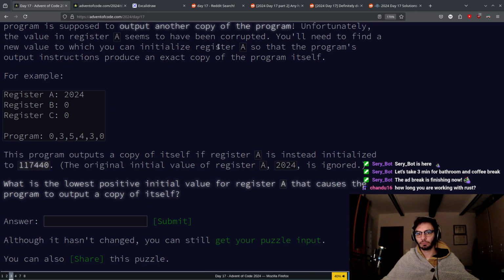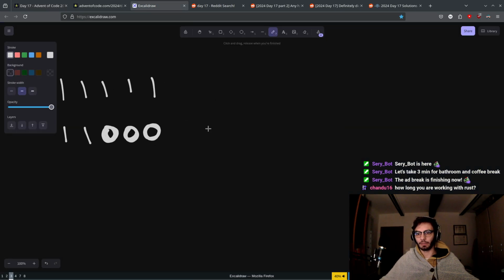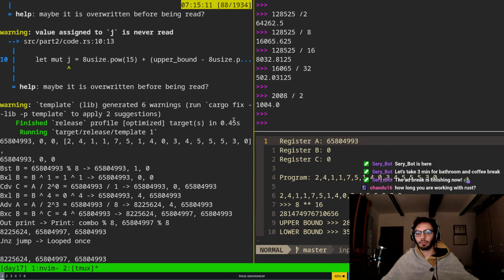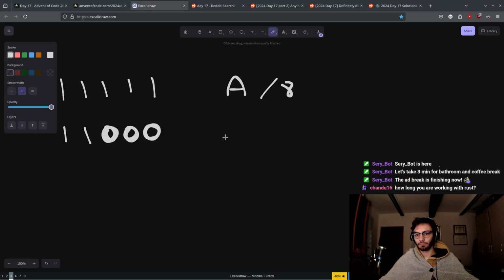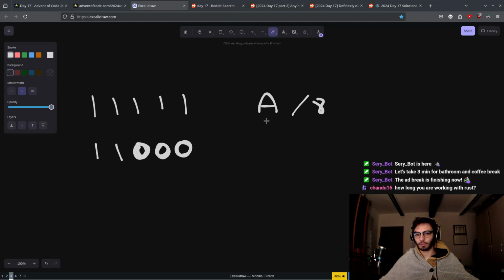So the loop practically means that this is an A divided by 8. B would be A minus 4. So wait a second.